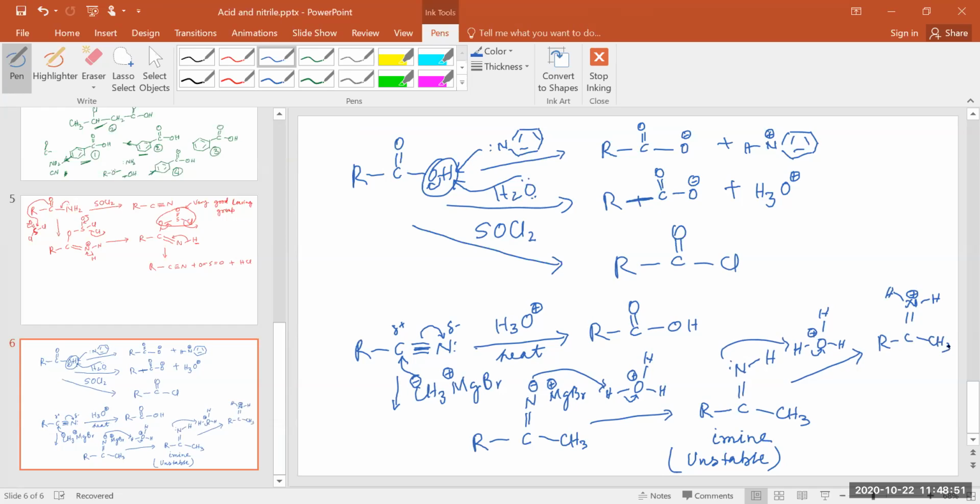You can see this one here, iminium, because its nitrogen is basic, and you have a water molecule here. It will immediately react in the next step. Okay. So what will it form? It will form R, NH2, CH3, OH.